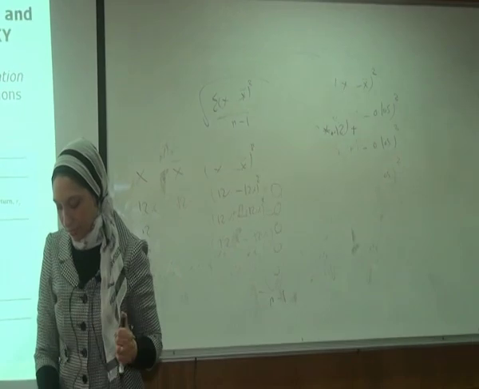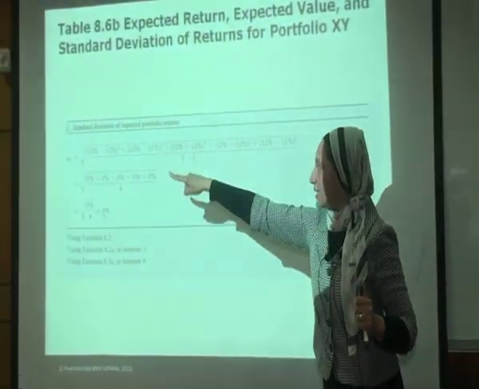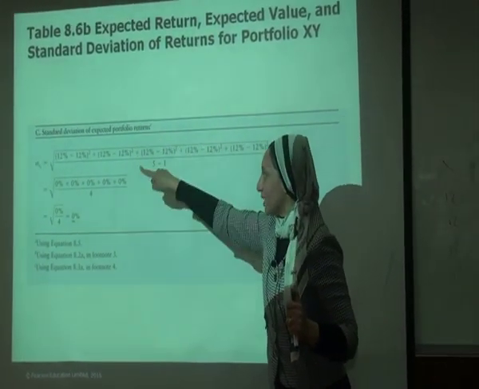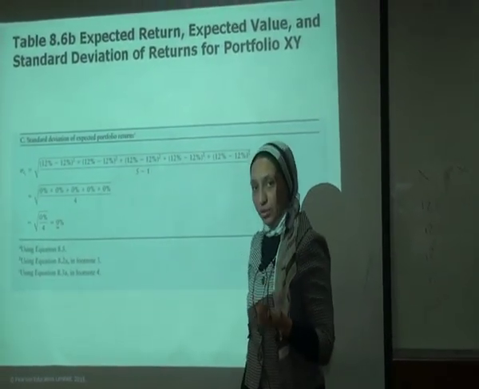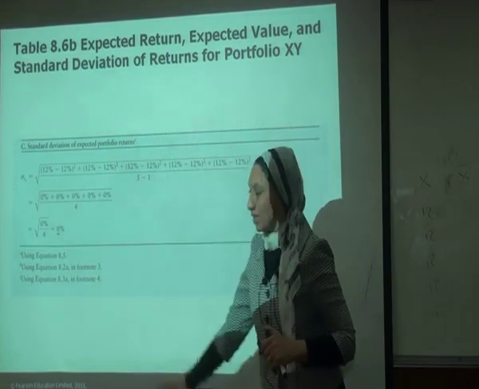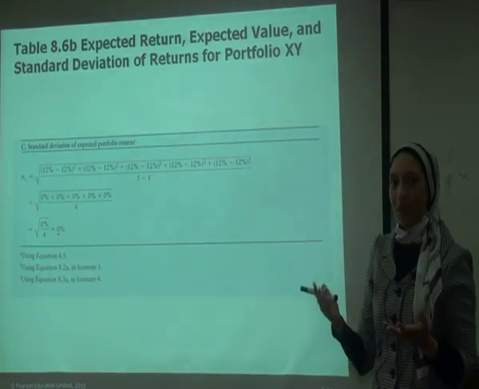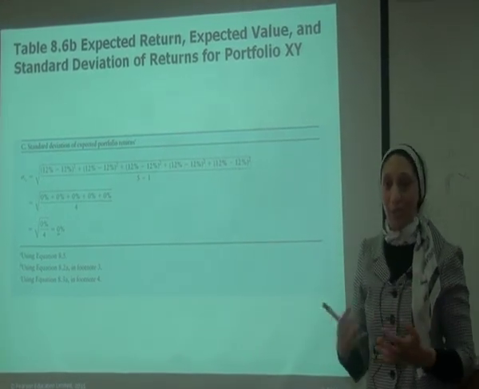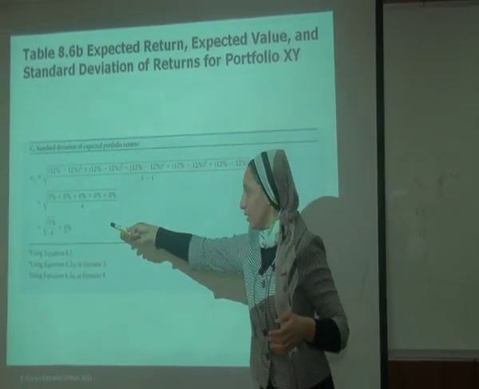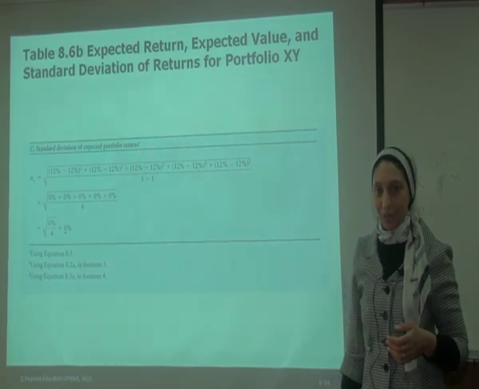So here, it's x minus x bar power 2 plus x minus x bar power 2 for the 5 years divided by n minus 1, divided by 4. You will get 0% because, of course, you have the same return each year that's equal to the average return. So finally, your risk here is 0%.